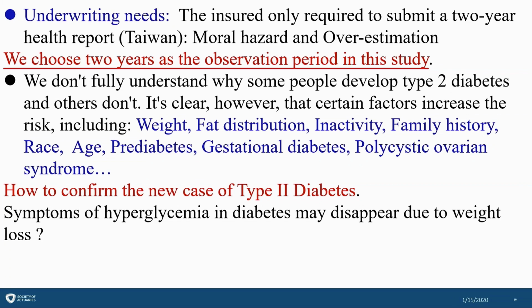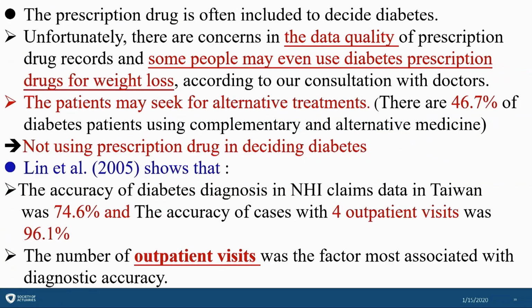Symptoms of hyperglycemia in diabetes may disappear due to weight loss. So the prescription drug is often used to decide diabetes. Unfortunately, there are concerns about the data quality of prescription drug records, and some people may even use diabetic prescription drugs for weight loss. That's according to our consultation with doctors.